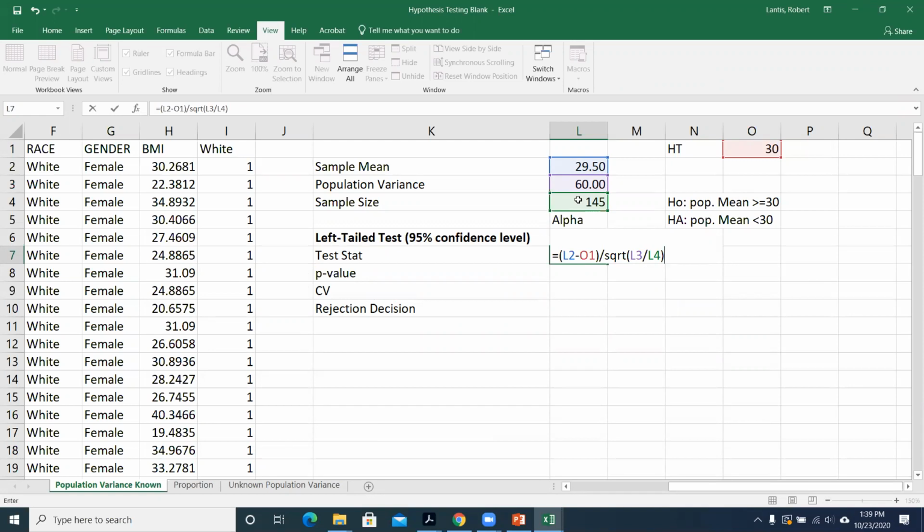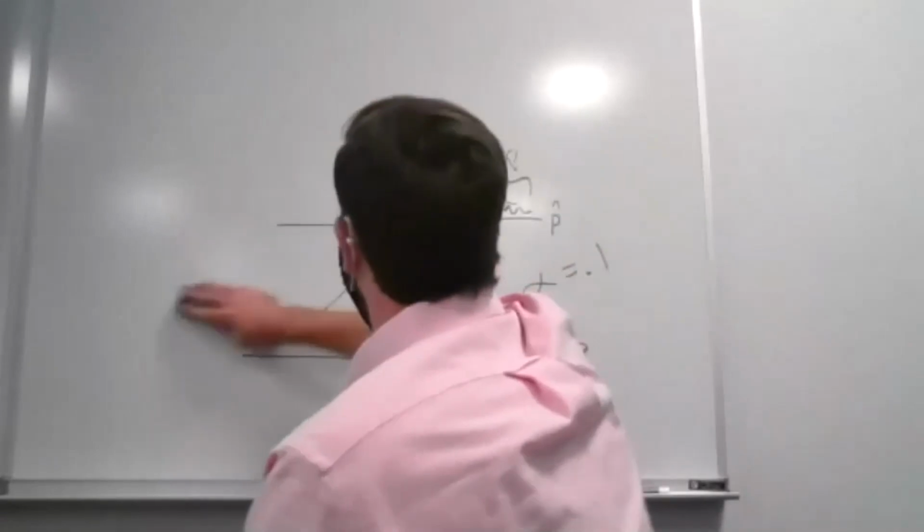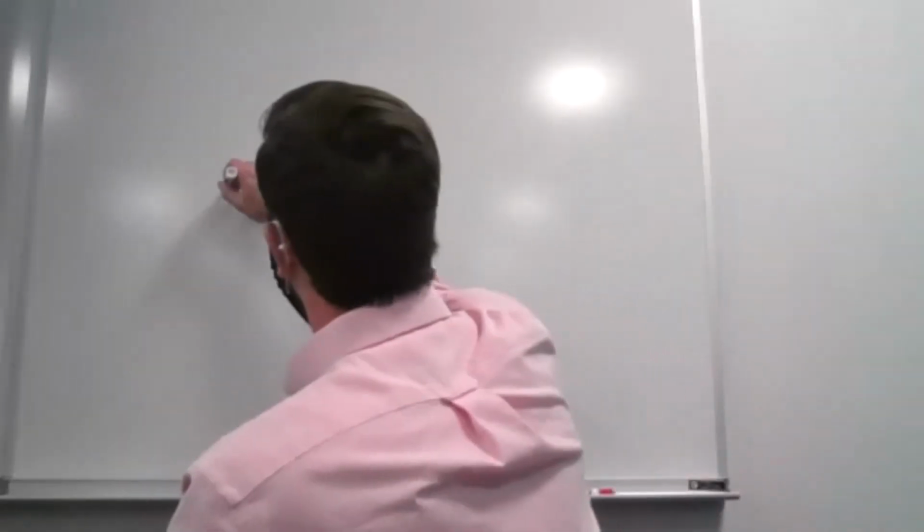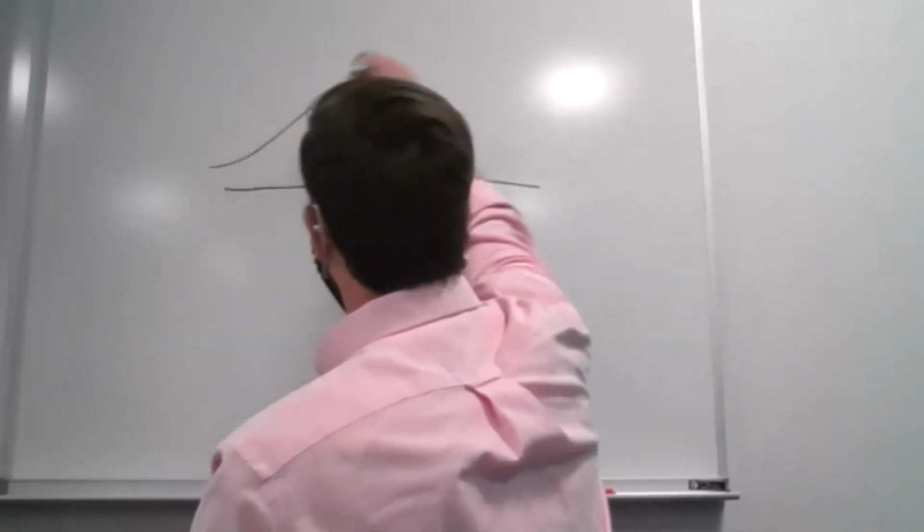So we're going back to the other type of examples that we looked at last class. This should give me my test statistic. I get a negative test statistic because I found evidence that was below the assumed true mean. I'm dealing with a left-tailed test now. I've got this hypothesized true value of 30, and I found a sample mean of 29.5. So now, what am I doing?